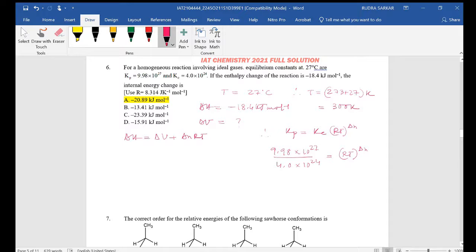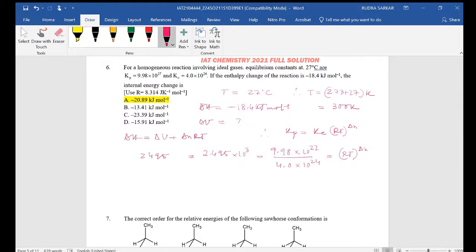So what we will say, this will be 9.98 divided by 4. So that is coming out to be what? 2.495 into 10 to the power 3. That means into 1000. That is coming out to be 2495.